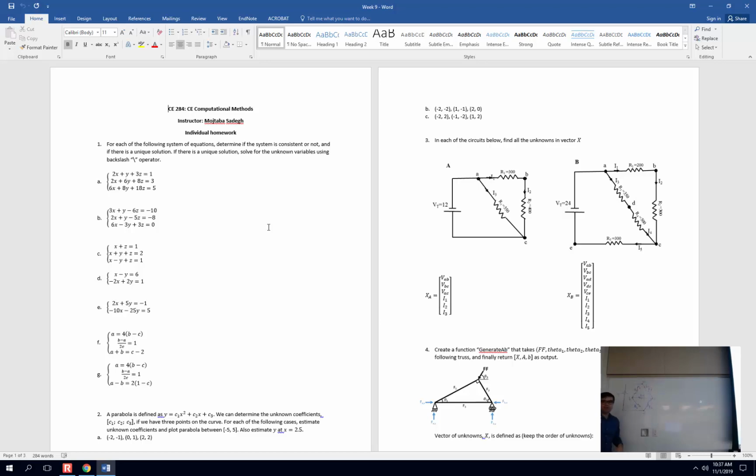Do they need to be equal to one another, I1 and I2? Are they equal? Yes. Do they need to be equal? Yes. I1 and I2. Yes?